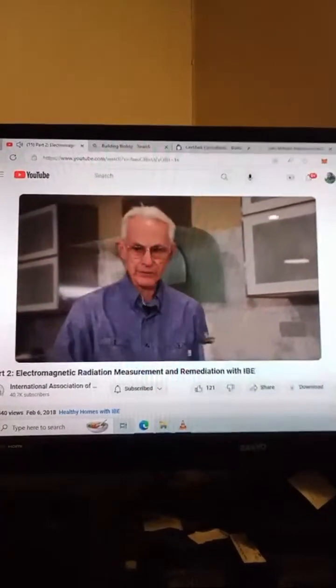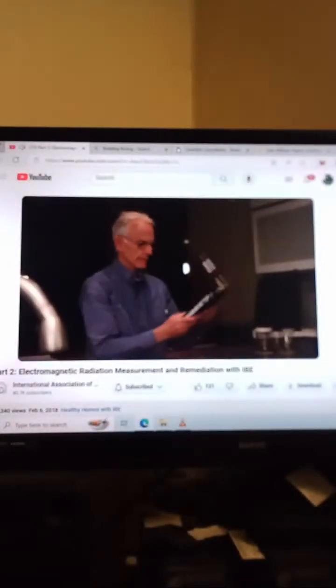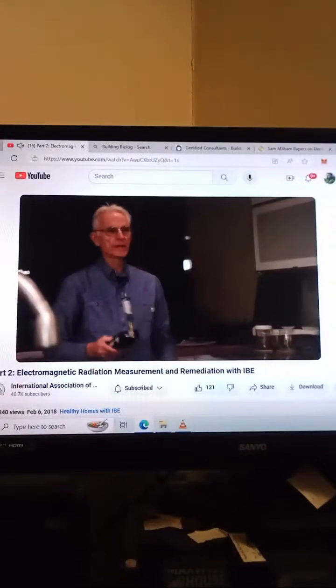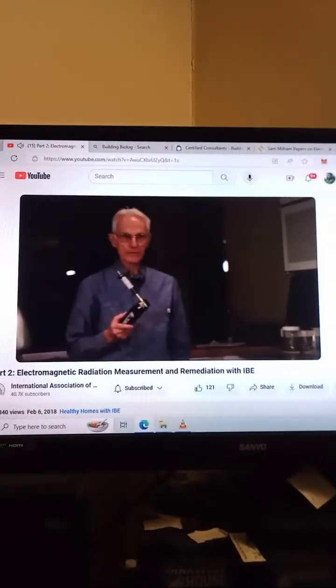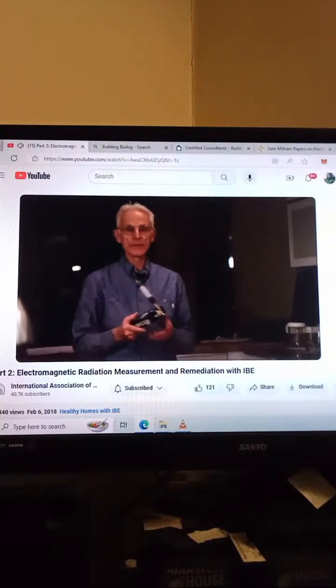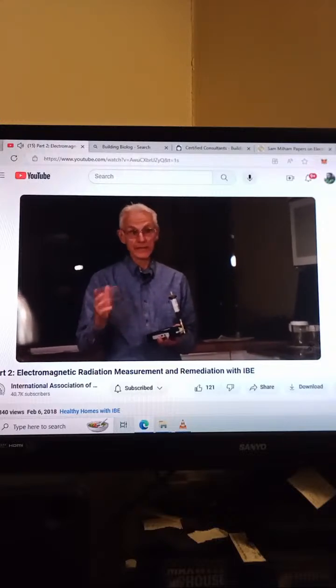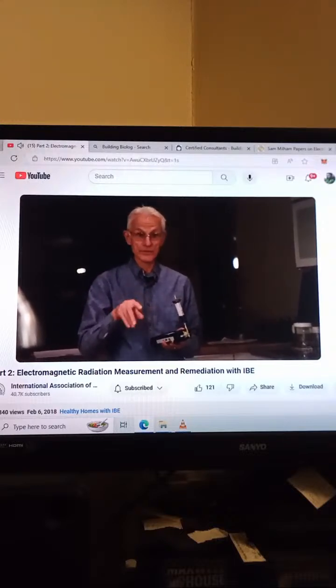If I move down to the further end of the kitchen, probably 10, 12 feet away, we're running 11,000 microwatts per square meter. Still a very high level of radiation when in the home, our goal is to be less than 10, not 11,000, but less than 10.